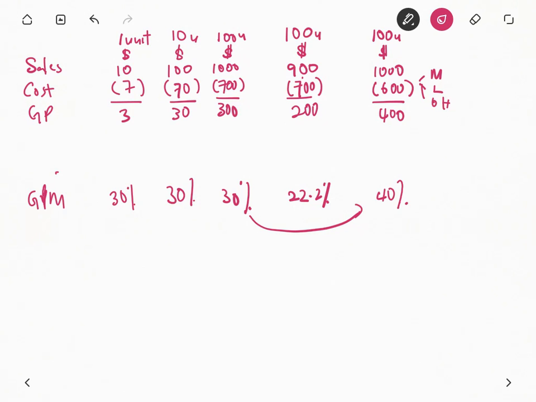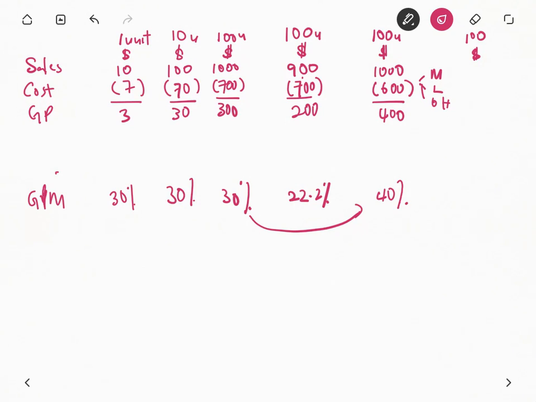If I sell 100 units, and I increase my selling price by 10%. The reason is because my cost of $7, because the government increased the petrol price, imposed all these taxes, for example, and then the exchange rate, everything has increased: material has increased, labor increased, and overhead increased.